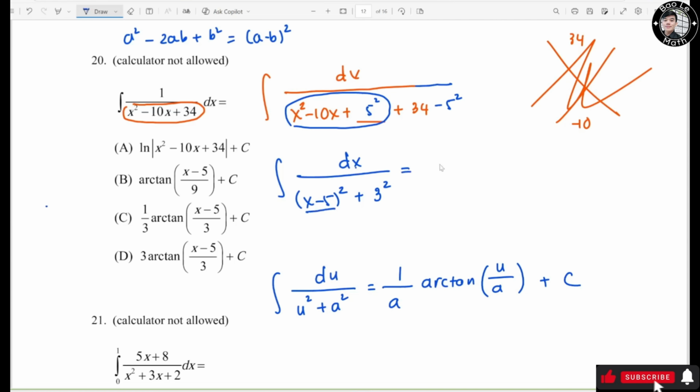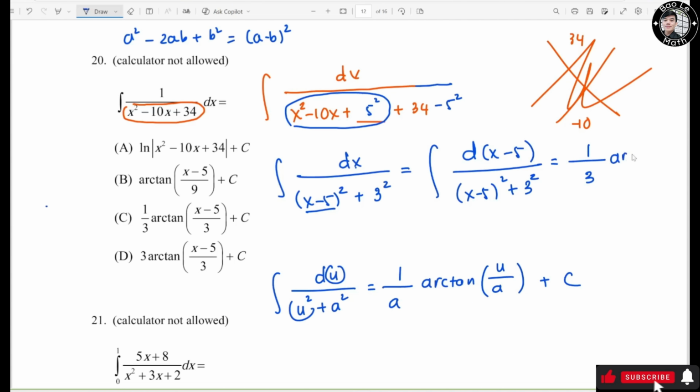So I can rewrite ds as the antiderivative of d(s minus 5) over (s minus 5) squared plus 3 squared. Make sure these two must be the same, so be careful. So it's going to be 1 over 3 arctangent of (s minus 5) over 3 plus c. So the answer must be C.